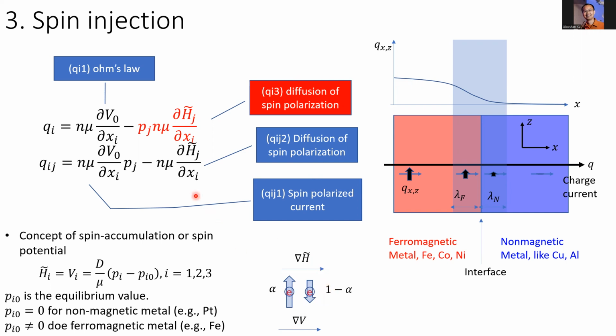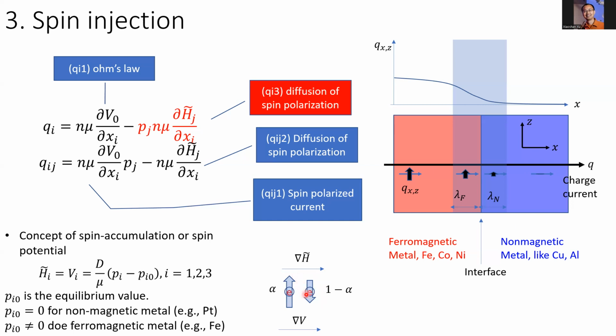Similarly, when we have this change of spin potential, we have charge going this way and charge going that way, and we have charge current.